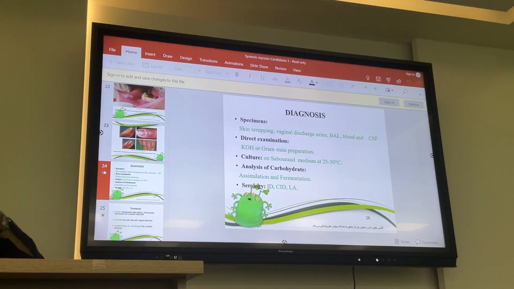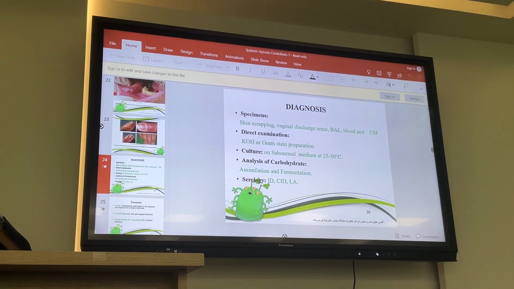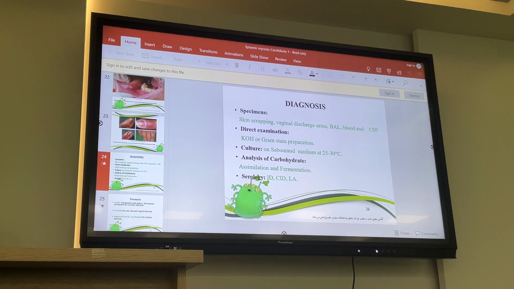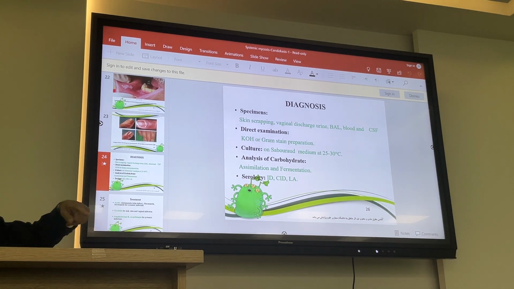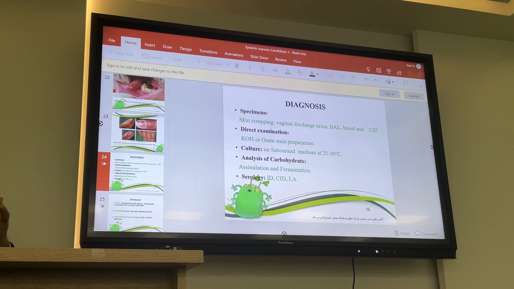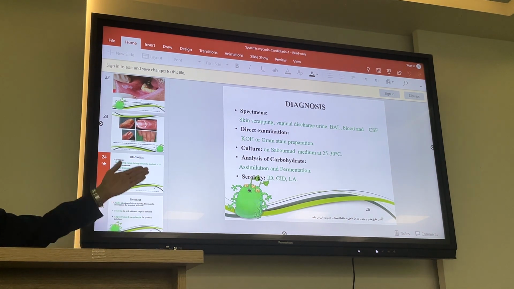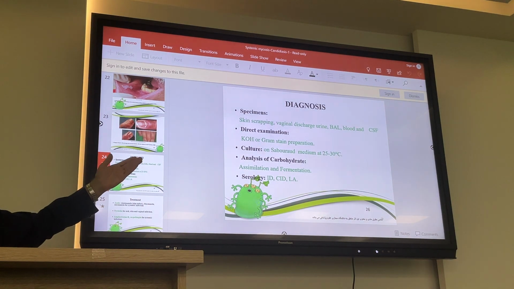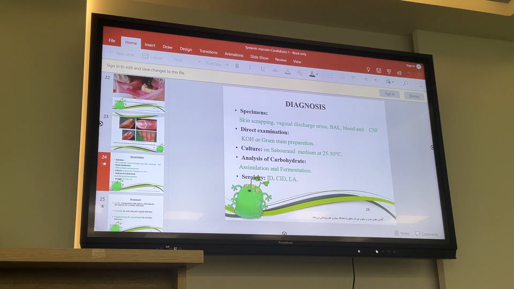Vaginal discharge, oral cavity specimen. In systemic mycosis, you prepare and check the blood. In respiratory infection, you must check the sputum and BAL.